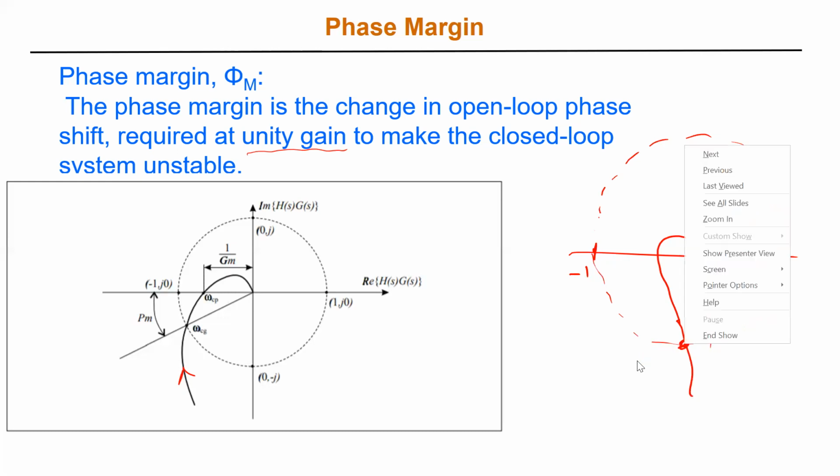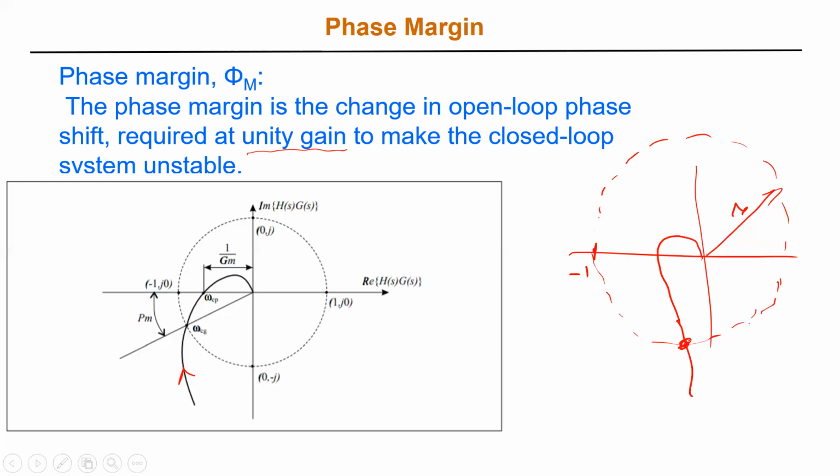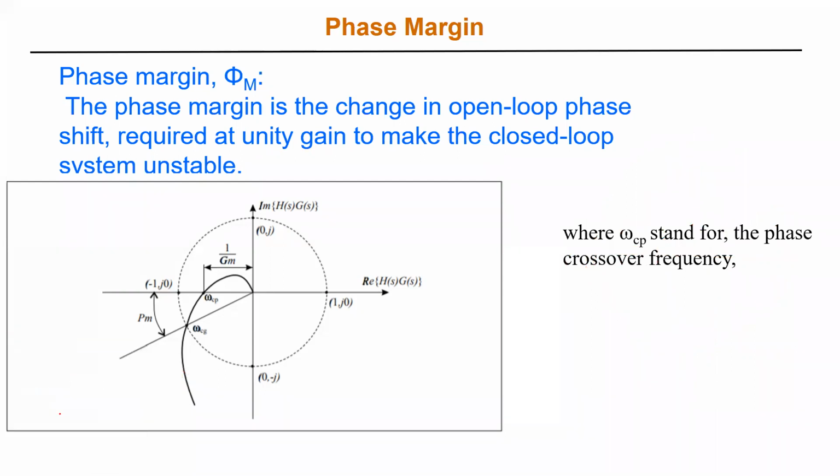This is basically what we call the gain crossover frequency. I define this point as the gain crossover frequency. In the Bode plot, it's the gain.